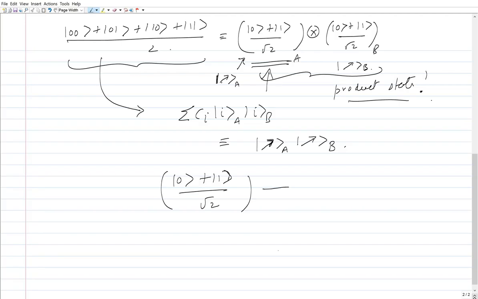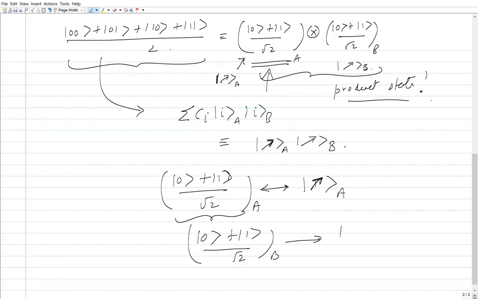I'm denoting this particular state as this vector, and similarly for system B, I'm denoting this particular state as this vector.